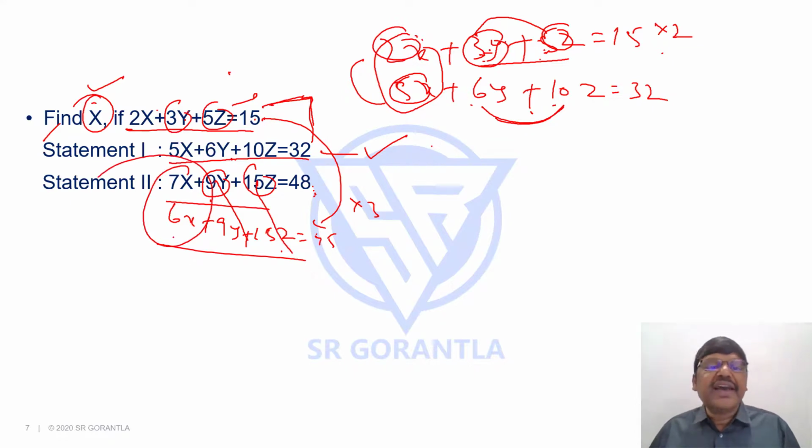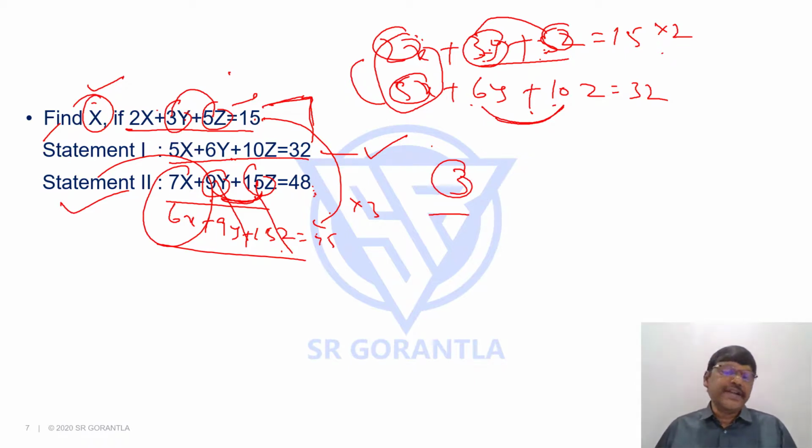You can get the x value. Yes or no? Why? Because again the ratio is 3 is to 5. Here also the ratio is 3 is to 5. Hence, even the second statement alone can give me the x value. That means any one statement is sufficient, students. Either of the statements is sufficient. Hence, my answer is choice 3. Done. Let's come to the next question.